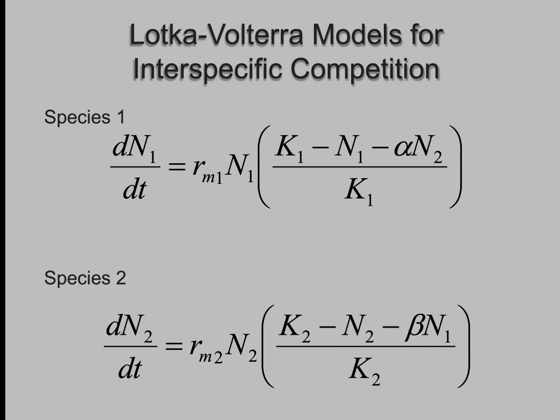What's the impact of species 1 on species 2? Species 2 has their own growth rate. If we ignore this for a second, this is just the logistic equation for the S curve of species 2.